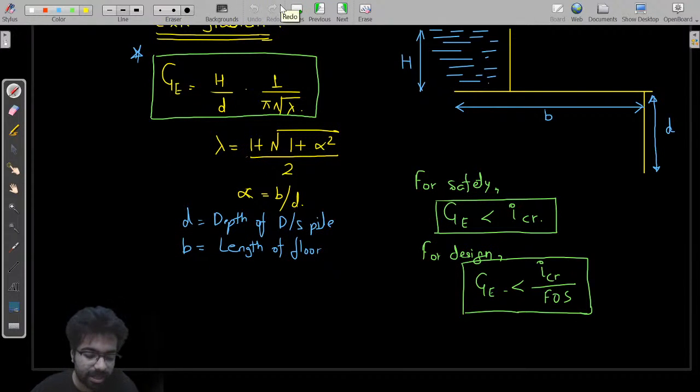So first you solve b by d. Everyone kindly solve. It's a humble request.